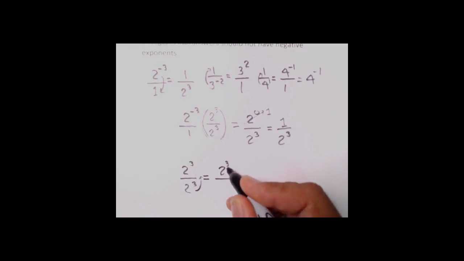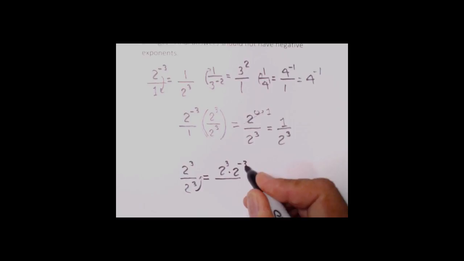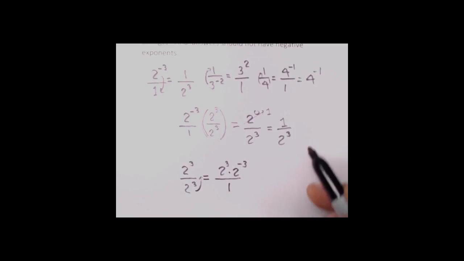Here he is. But if I jump this 2 to the plus 3 upstairs, it'll become times 2 to the negative 3. And if I jump everything, there's a 1 left, as we saw here. Okay, so notice what I've got now. Got a 1 downstairs. The answer is just the upstairs. Well, 2 to the third times 2 to the negative 3.